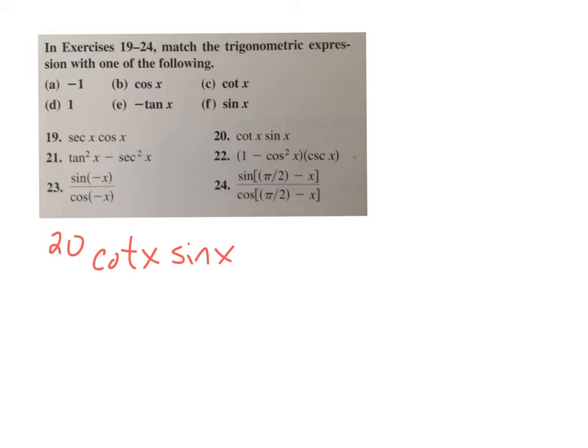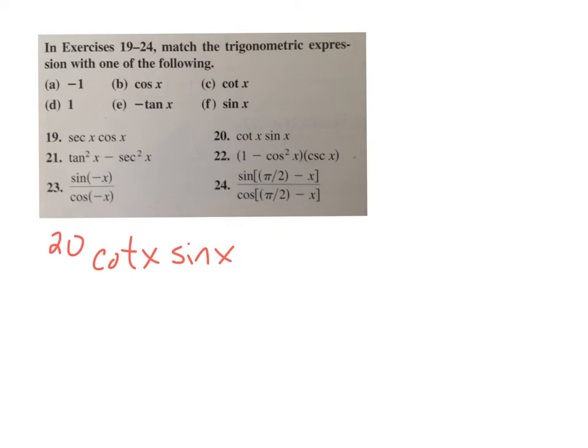So we have cotangent of x times sine of x. Really, the only thing that makes sense to try is the quotient identity of cotangent.